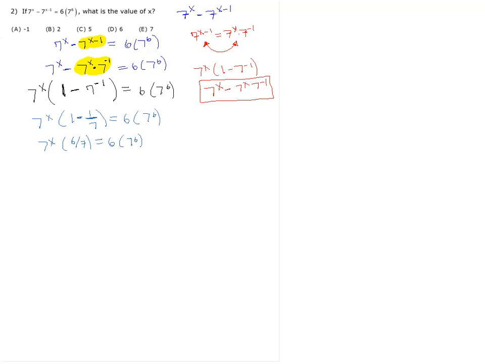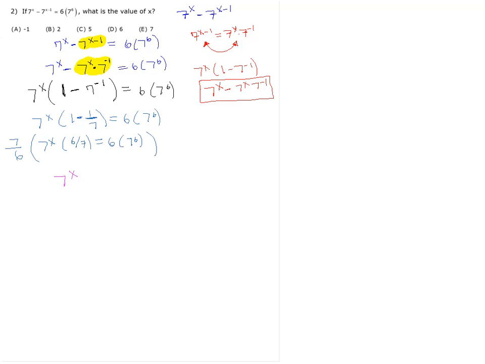But what we're starting to see is there's a lot of symmetry between the left and the right side. So what I'll do is, I don't like fractions, so I'm going to multiply by the inverse of 6/7. So I'm going to multiply both sides of the equation by 7 over 6, right? And what that's going to do is get rid of the 6/7 on the left.